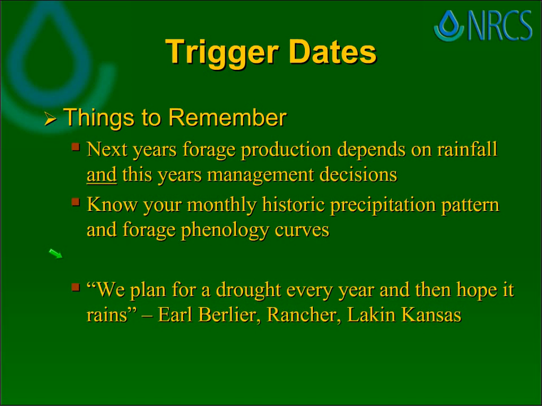You can get these historic monthly precipitation patterns and these forage phenology curves from the people in your area, the National Drought Mitigation Center, weather forecasting sites, and conservation or extension offices in your counties, and put these curves together and see what the responses are between the precip and the forage production curve.